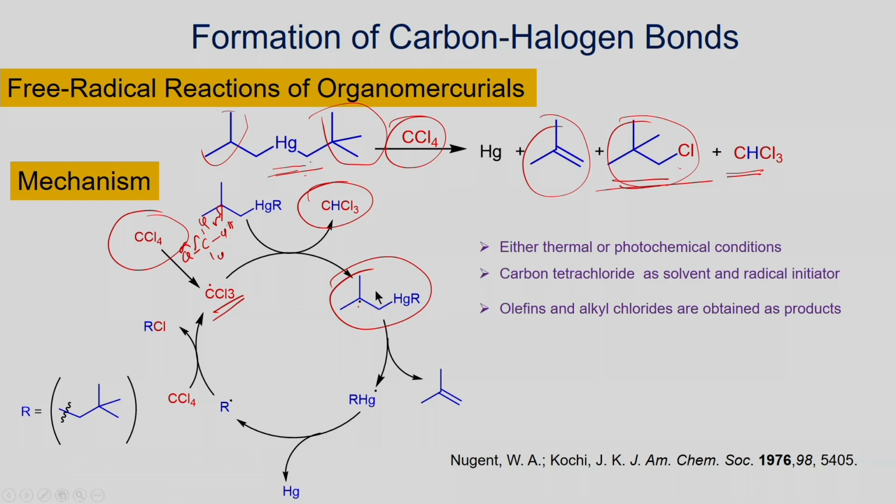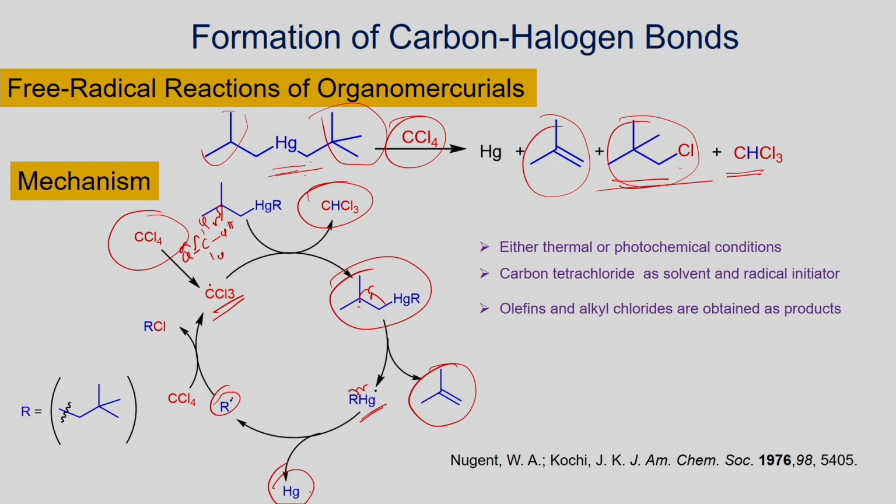Once you form the tertiary radical, this tertiary radical can now convert into alkene, isobutene, and you generate this radical. This radical now undergoes homolytic cleavage further, you form the alkyl radical, and you produce mercury.